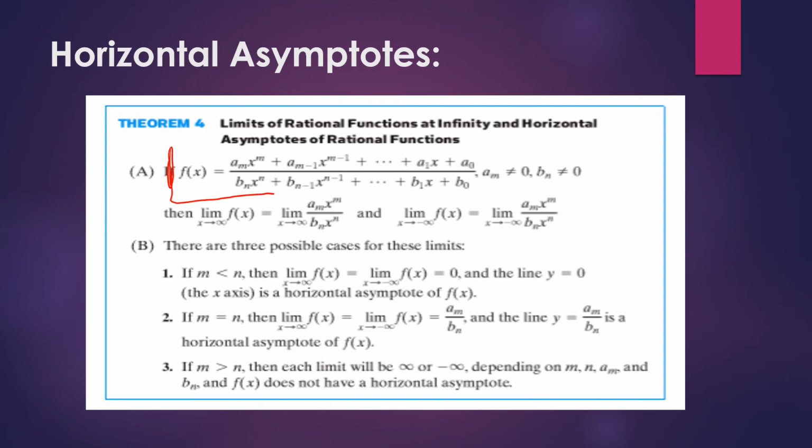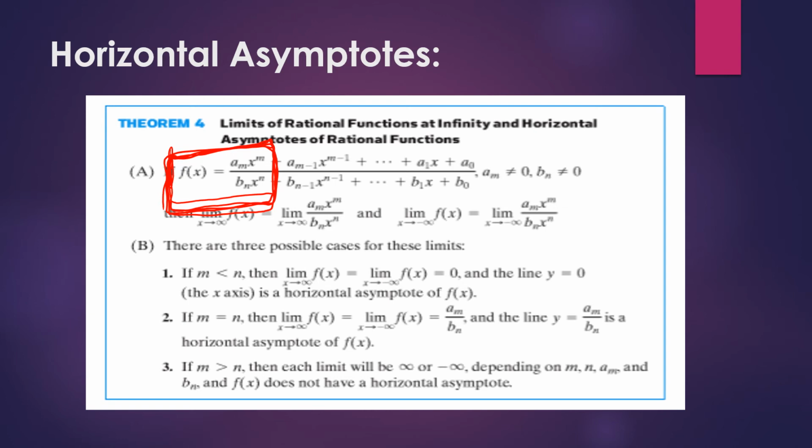So, for example, assuming that m and n are the largest degrees in the numerator and the denominator respectively, then everything else in the polynomial is not really needed for the long-term behavior of the function. And if you're kind of confused about what a horizontal asymptote is, it's what's happening with the function as x goes to infinity or negative infinity. It's the long-term behavior of the function.